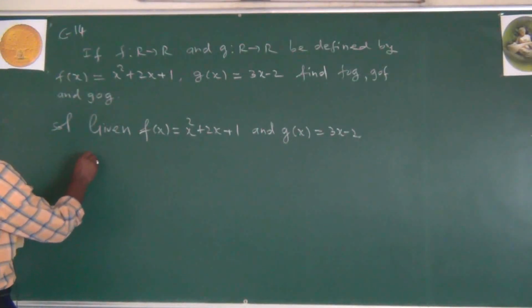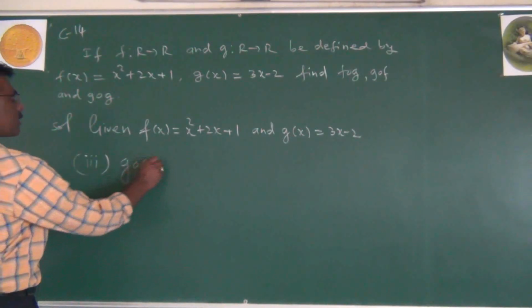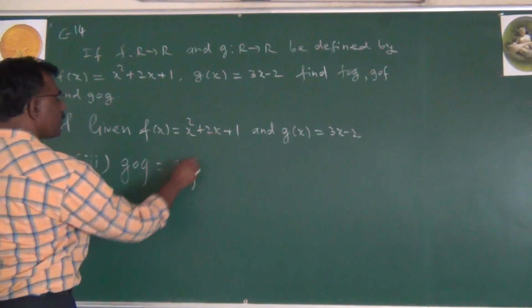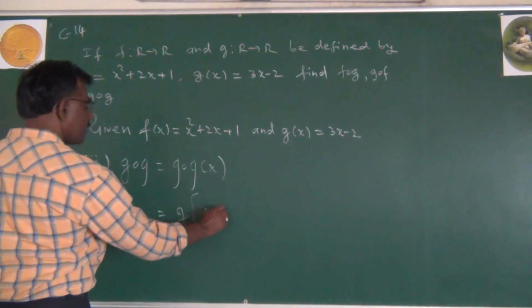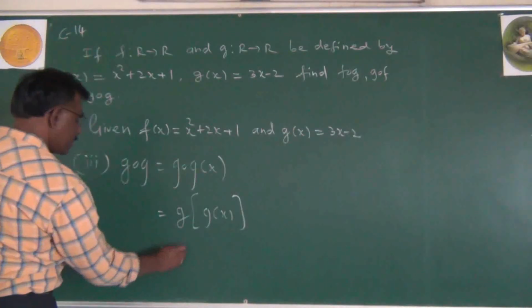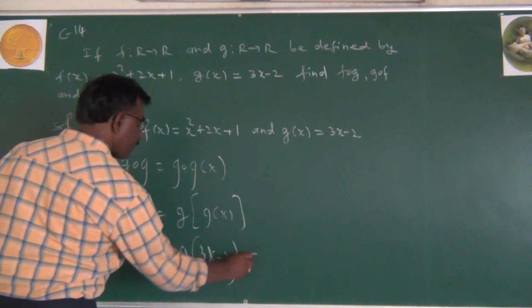And what is the third one? g composition g, g composition g of x, g of g of x. What is g of x? 3x minus 2.